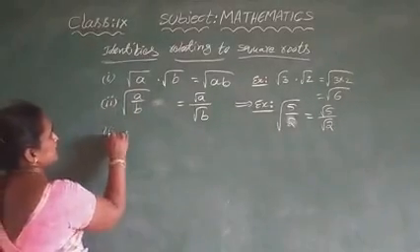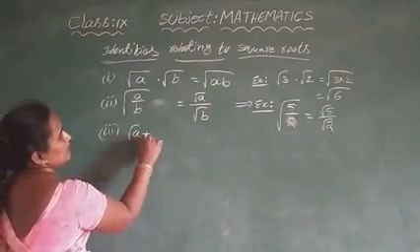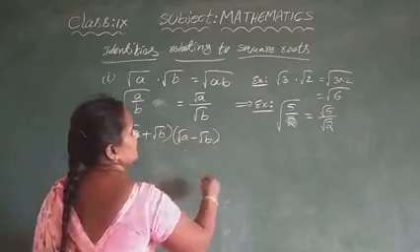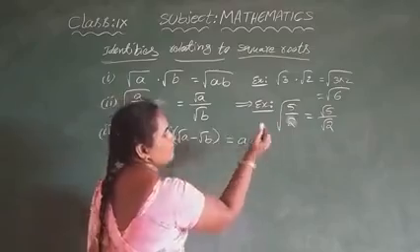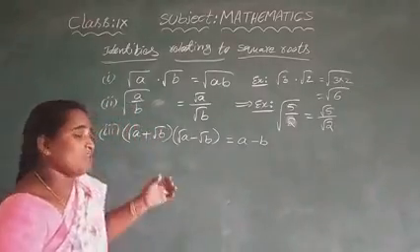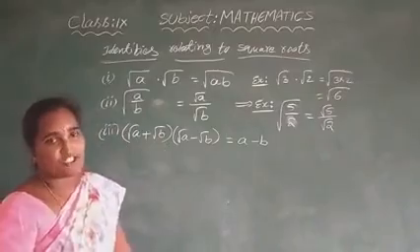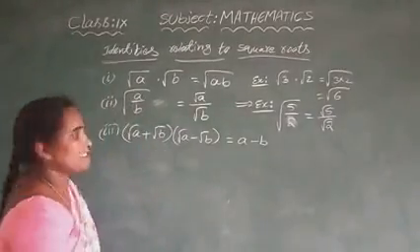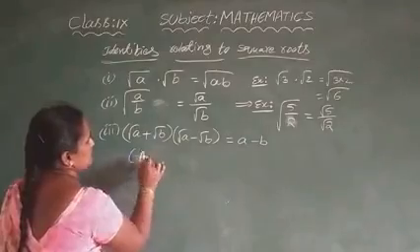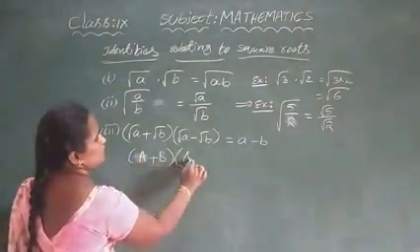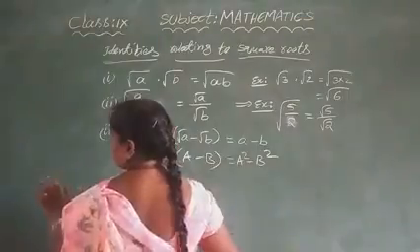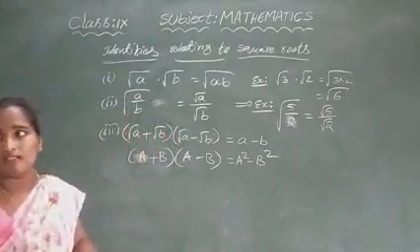And the third identity: root A plus root B into root A minus root B is equal to A minus B. See here, this one also you learned in earlier classes in algebraic expressions.